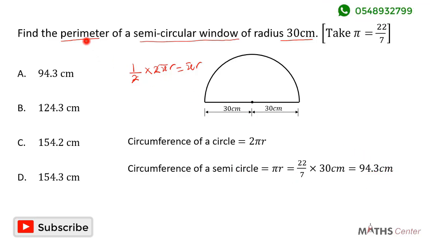We can now find the perimeter of the window. We know the circumference of the semicircle to be 94.3 centimeters. We know that the distance from here to the center is 30 centimeters, and the distance from the center to this point is also 30 centimeters.